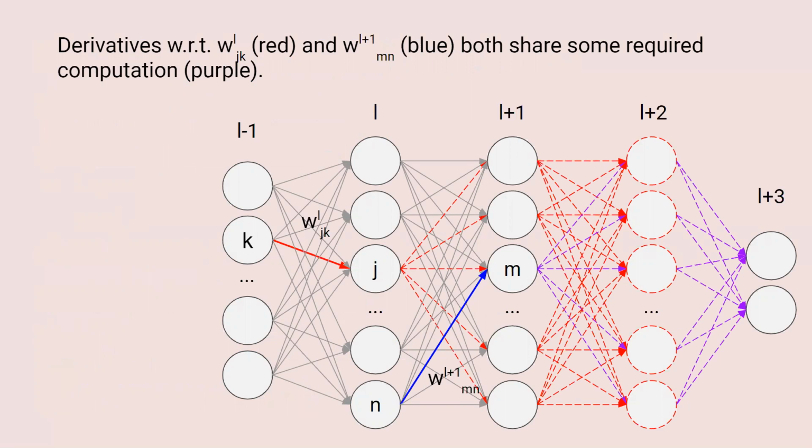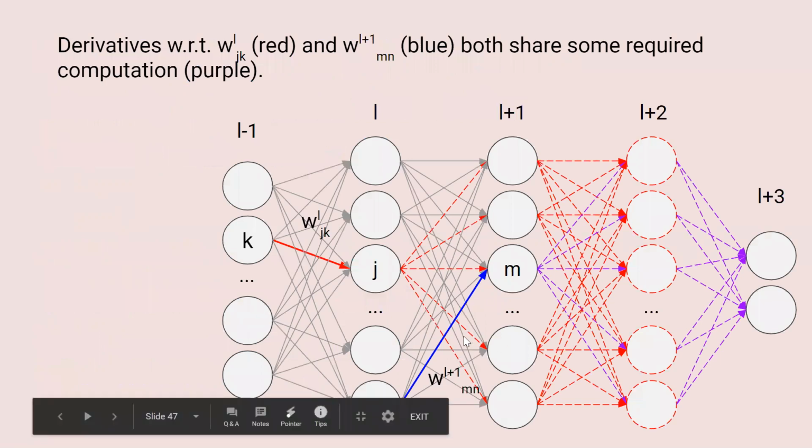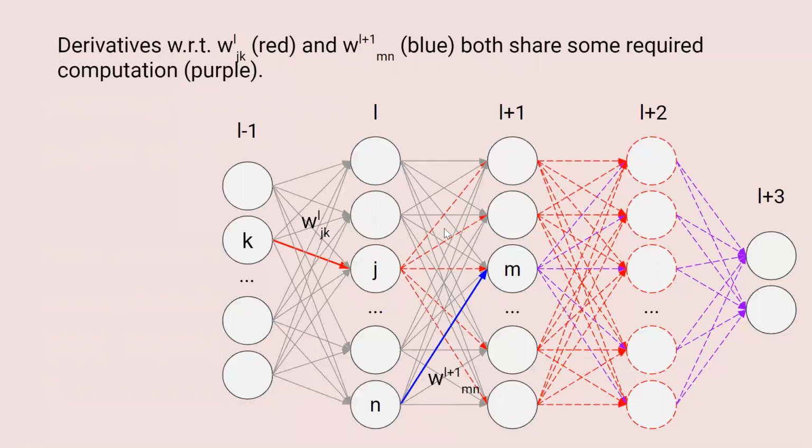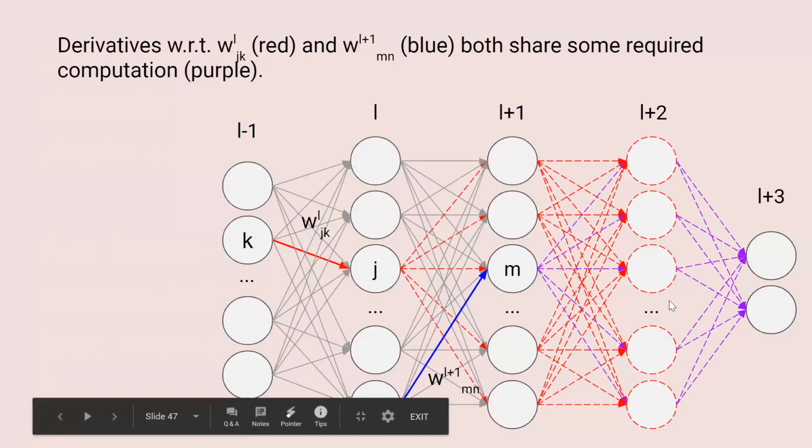And to show that visually, why might that be? Say we're taking the derivative with respect to two different weights, right? They're in different layers, they're different weights. The thing that they share in common when we're computing the derivative with respect to them is these lines in purple.